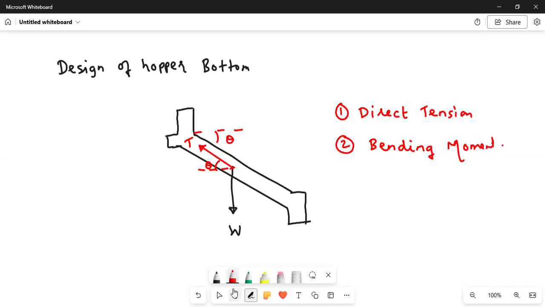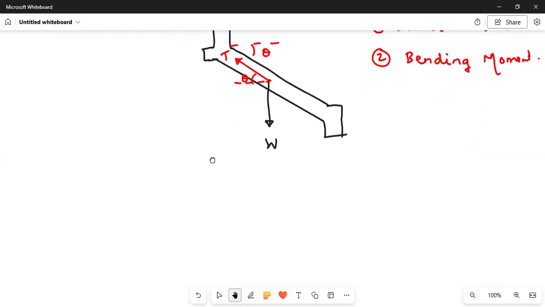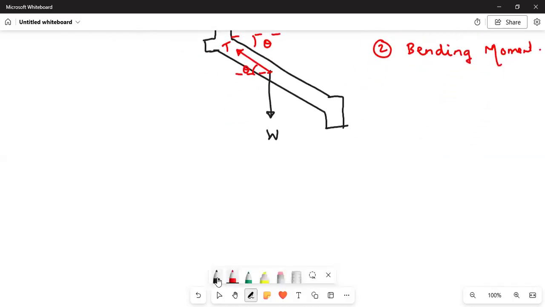So first we will see what is the direct tension in the hopper bottom.